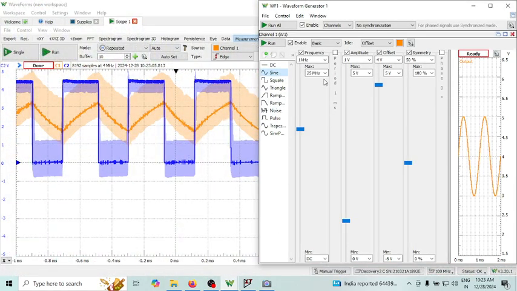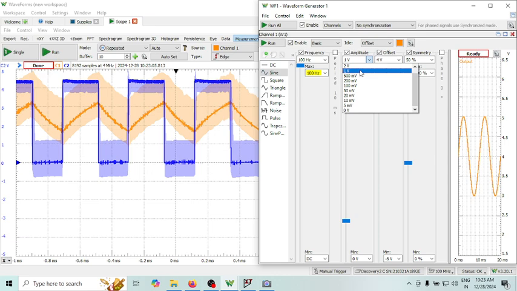So with this 50% duty cycle at 2 kilohertz, let me apply a sine wave of frequency 100 hertz, of amplitude maybe just 1 volt, with an offset of, maybe let us make it 2.5.